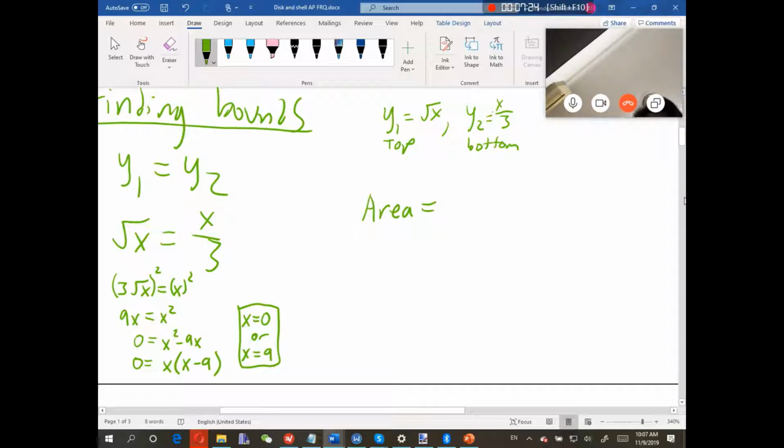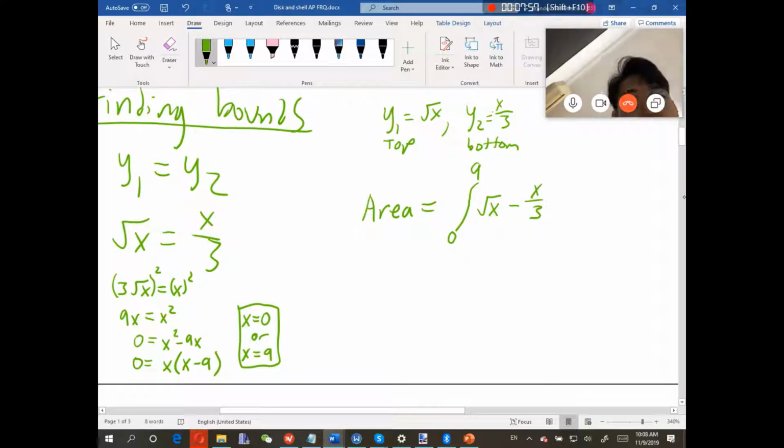Okay, we subtract them, so I'm going to integrate. Integrate what? Yep, I'm going to integrate top minus bottom, you're right. Square root of x minus x over 3. From what to what? From 0 to 9, perfect.